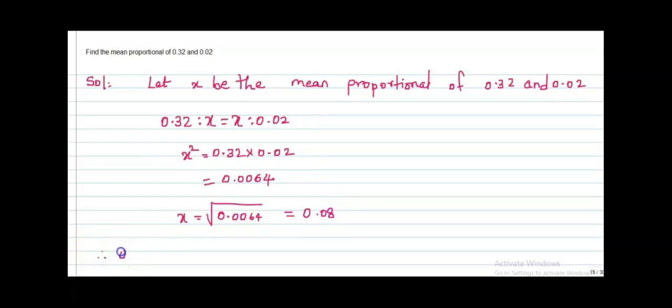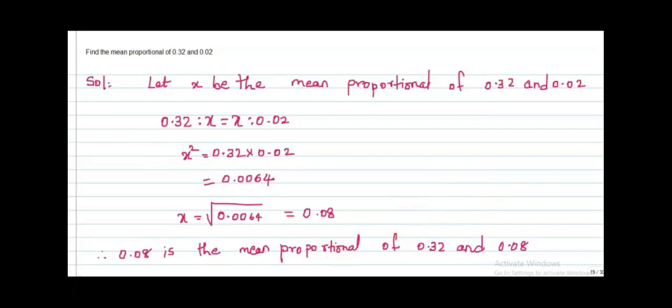Therefore, 0.08 is the mean proportional between 0.32 and 0.02.